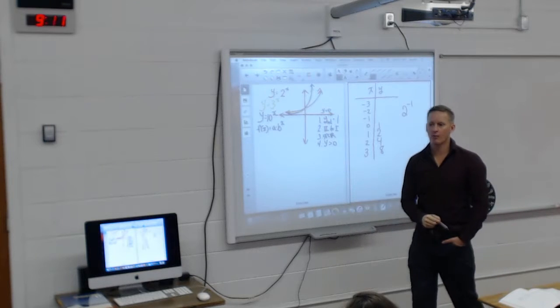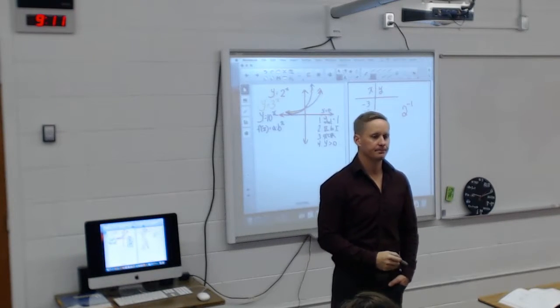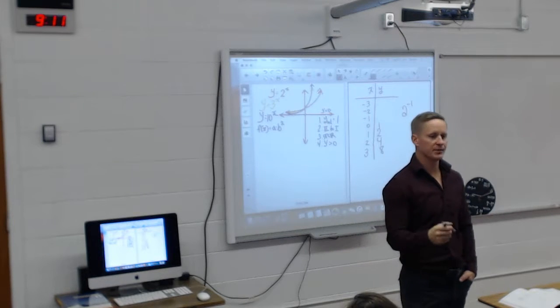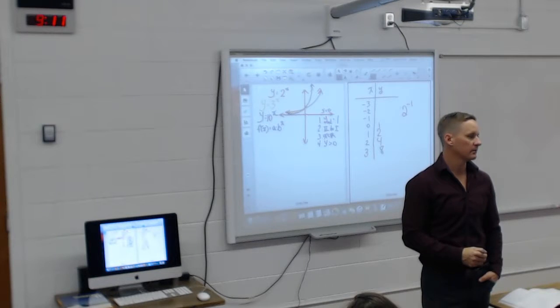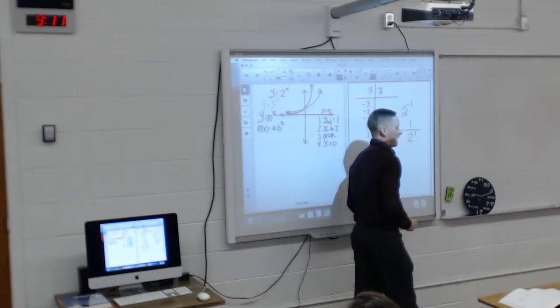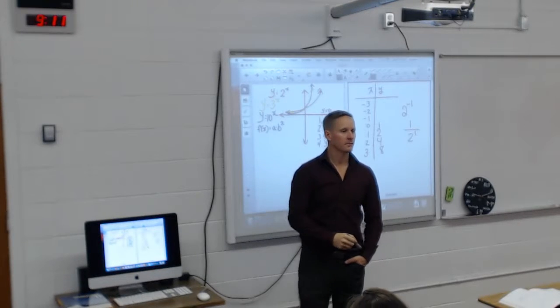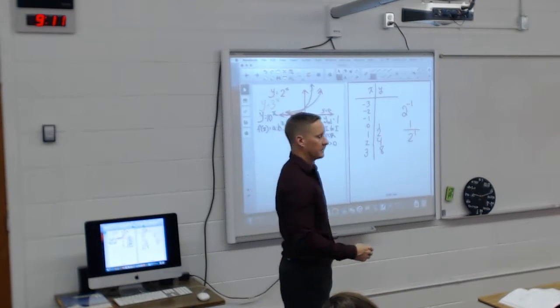How do I make that exponent positive? Reciprocate. Yeah, except I'm not quite reciprocating, but you're right. Put a 1 over it. It becomes that. What's 1 over 2 to the 1? A half.